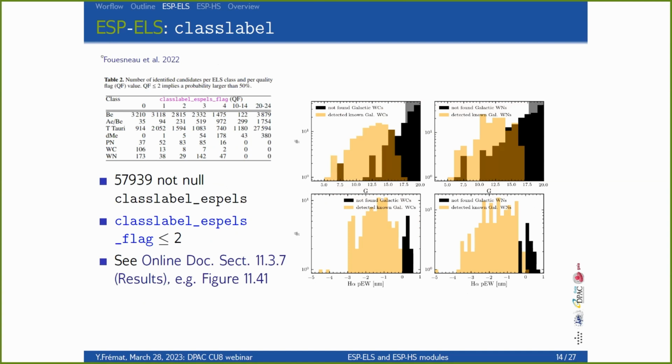So here, what you see is an overview of the different classifications we have done for these 7 classes of emission line stars. It's the distribution over the different values that the class label quality flag can take.